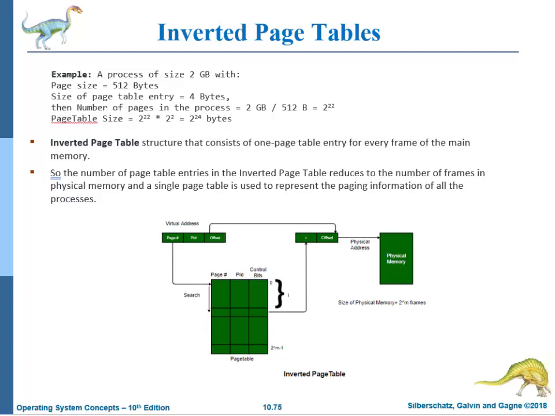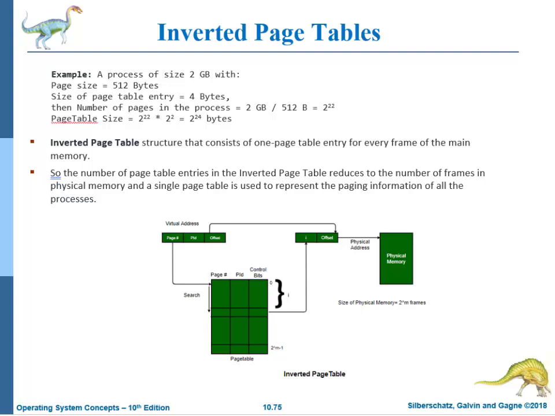First of all, the number of pages in the process is 2 GB divided by 512 bytes, which is 2^22. So there are 2^22 pages needed, and each entry is 4 bytes. So 2^22 multiplied by 4 bytes equals 2^24 bytes.